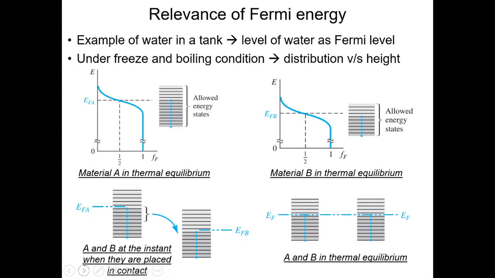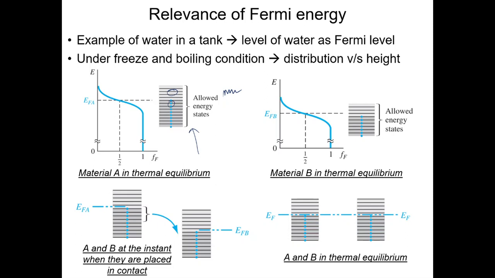If the water is boiling, then you have some states being occupied above because of the water juggling above the reference level, and of course some states below the reference level will be empty. So this condition is in thermal equilibrium, where some states above the reference level are occupied, and some states below the reference level are empty.